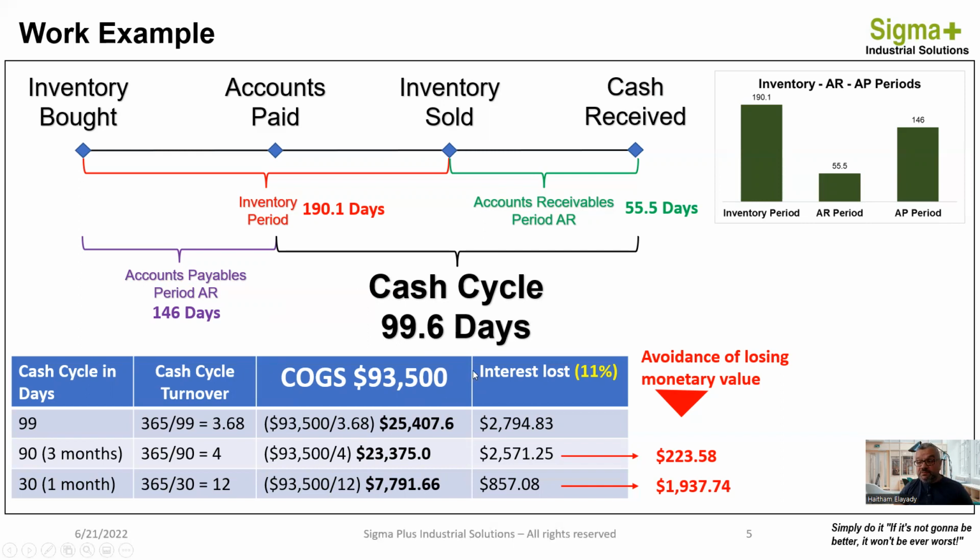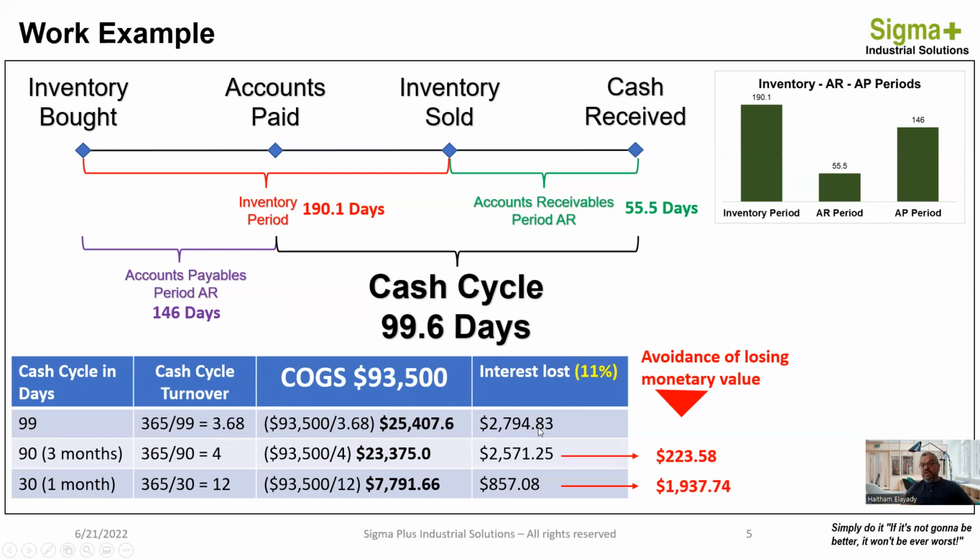So if I consider that my bank interest was 11% and my cash cycle turnover was approximately 3.5 or 4 times per year, that means that I've been operating $25,407 3 to 4 times per year, which means that I had a loss of interest on the monetary value of the $25,407 of $2,794. Okay.